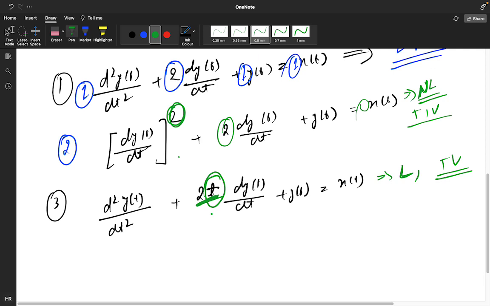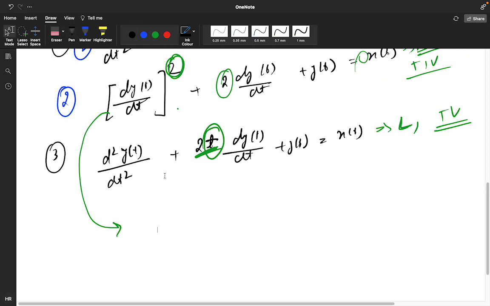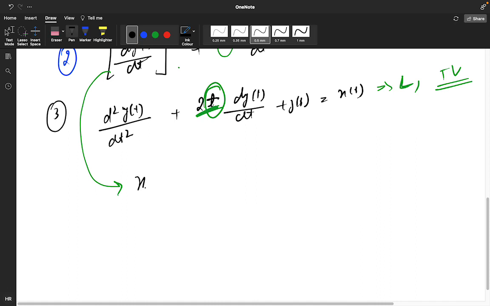So the condition means, see how you will check whether the system is linear or non-linear. I already told you. You put x(t) as x1(t) and y(t) as y1(t) in differential equation 1.